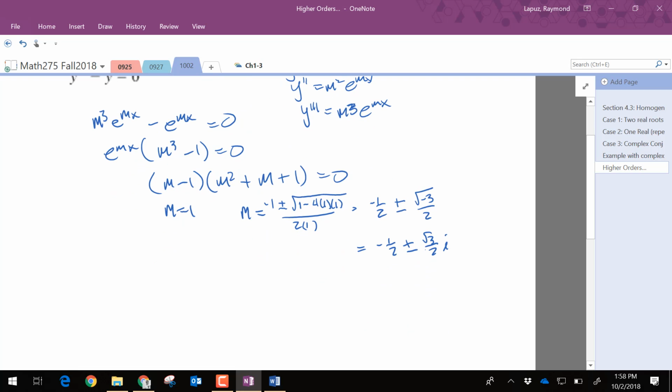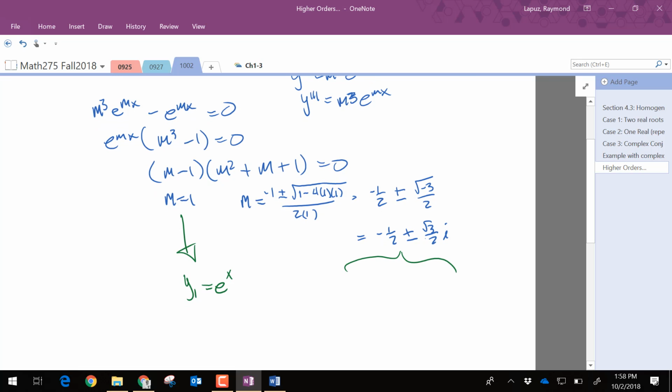So what we're going to do is piece together these solutions that we're looking for. Your solutions are supposed to be e to this m power. So coming out of this first solution, we're going to get y1 is equal to e to the 1 times x power. Now for this, since we have complex conjugates, remember that we're going to come out with two solutions. Plug it into the formula. The two solutions are going to be e to the alpha, where alpha is equal to negative 1/2 in this case.